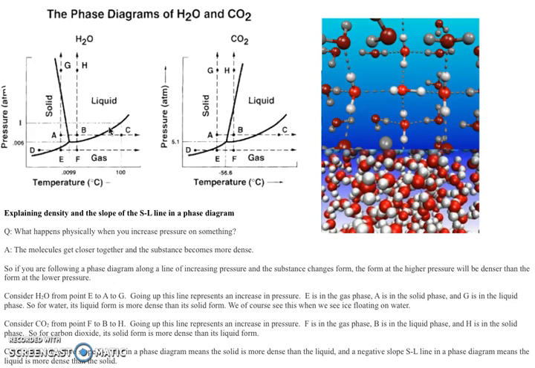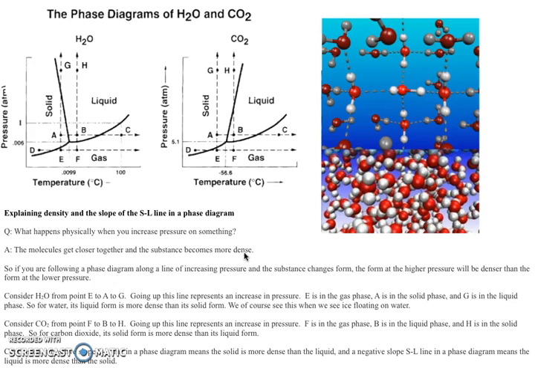We've got some reference lines on here that are going to help us track our argument, explaining why this density behaves the way it does. So let's take a look down here at this explanation. The question is, what happens physically when you increase the pressure on something? The answer is, when you increase pressure on something, the molecules get closer together and the substance becomes more dense.